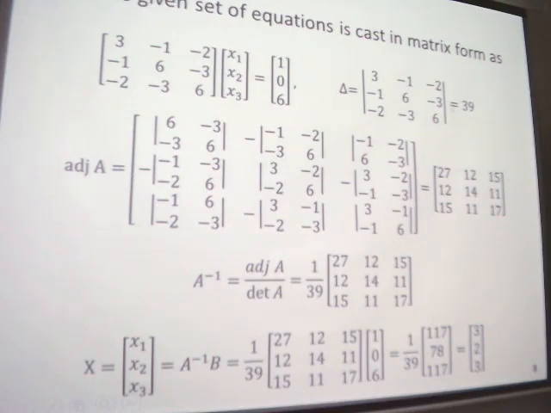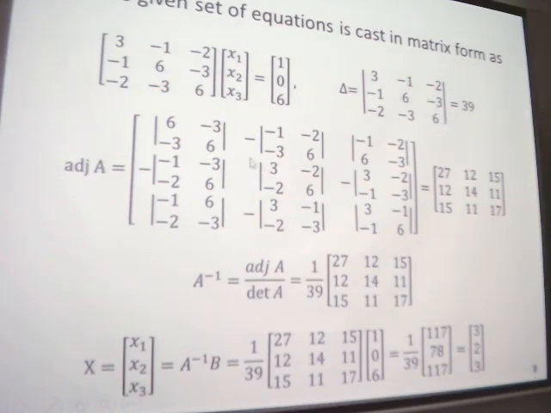For matrix A, we can get the determinant of it. It's equal to 39. You just calculate it directly, okay? And the adjugate of A is equal to this one. What is the adjugate? For this entry, here is 3, and the adjugate means this part: remove this row and this column, and what remains is the minor.